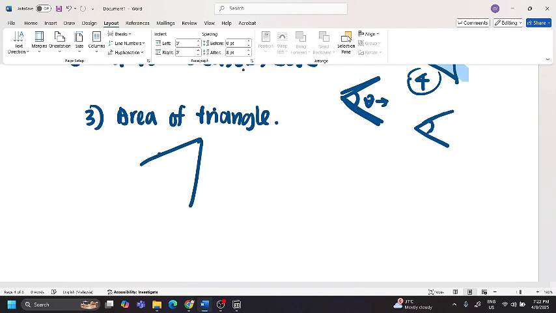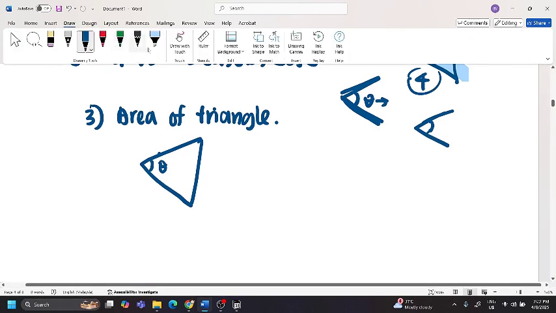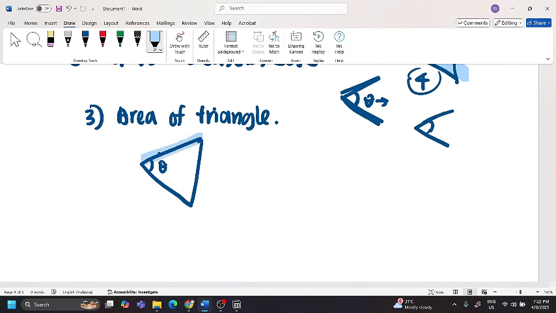It's similar to the cosine rule. You find this one angle here, and then you find the two adjacent lines that form this angle. Maybe this one is 5, this one is 6. Then area equals 1 over 2, 5, and 6, and then sine theta.